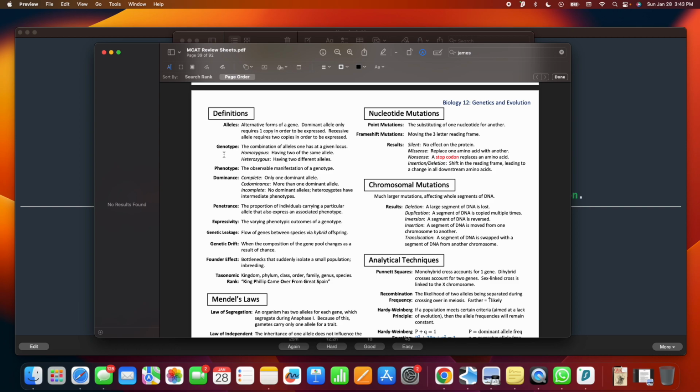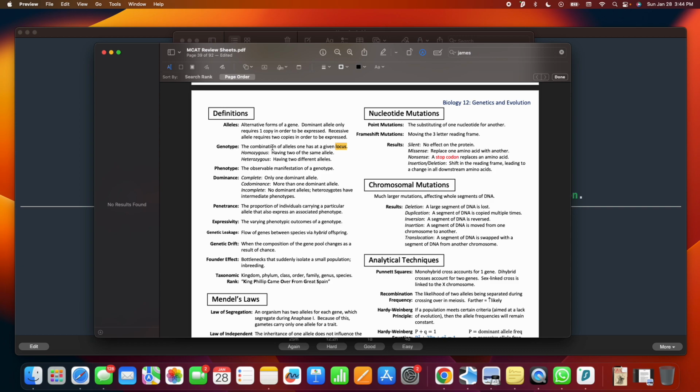Then we have genotype, the combination of alleles one has at a given locus. So we need to have an understanding of locus as well. I believe locus is that local gene, right?